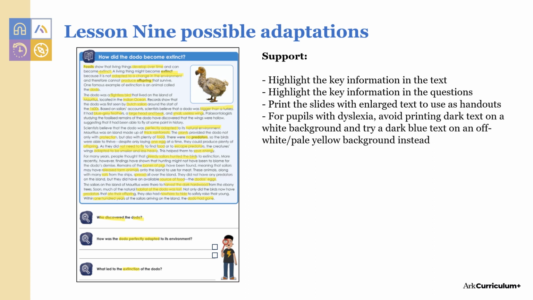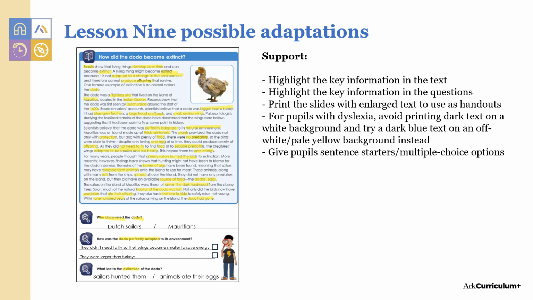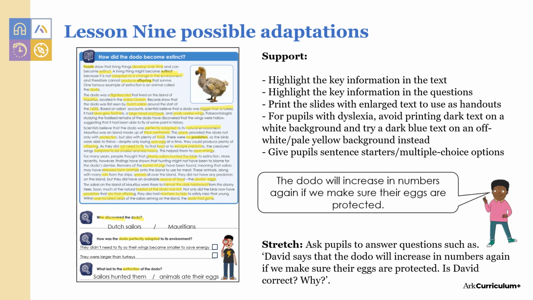And again, for pupils with dyslexia, avoid printing dark text on a white background and try dark blue text on an off-white or pale yellow background instead. You could also give pupils sentence starters or multiple choice options. Stretch pupils by asking them to answer questions such as, David says that the dodo will increase in numbers again if we make sure their eggs are protected. Is David correct and why?